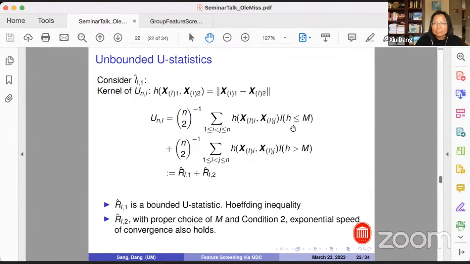The first part is truncated to be bounded, and the other part is your tail, where your h is greater than M. We should choose M carefully later on.